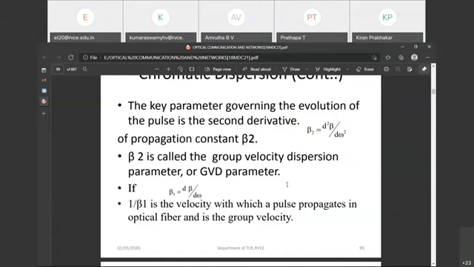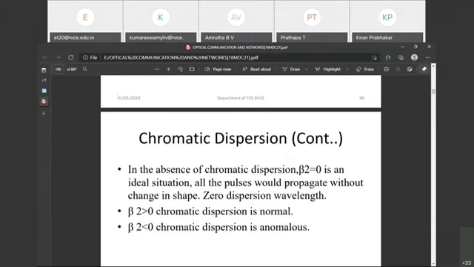So when you consider the ray propagation, then you will end up with chromatic dispersion. When you talk about it in terms of waveguide propagation and mode, then you will come across this waveguide dispersion parameter.